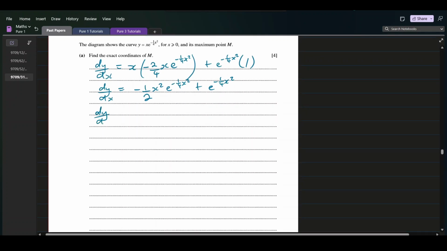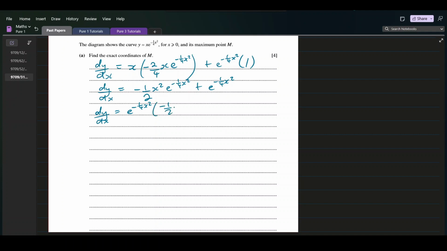So dy dx is equal to e to the negative 1 over 4 x squared times negative 1 over 2 x squared plus 1. And since we're evaluating the coordinates of a stationary point, we substitute dy dx with 0. So this becomes e to the negative 1 over 4 x squared times negative 1 over 2 x squared plus 1 is equal to 0.